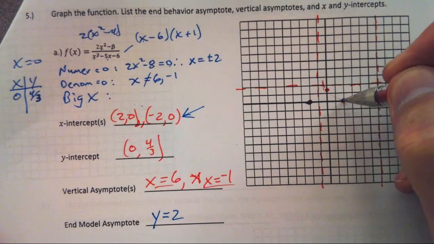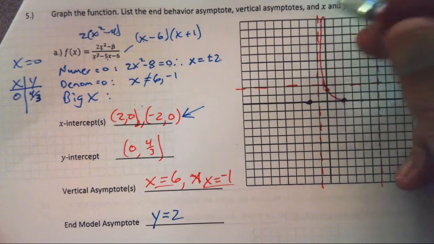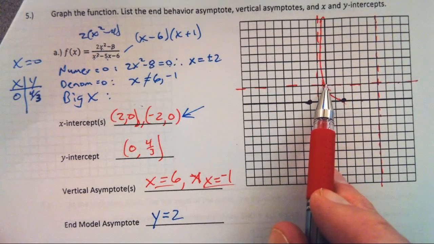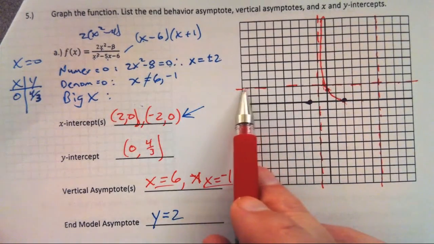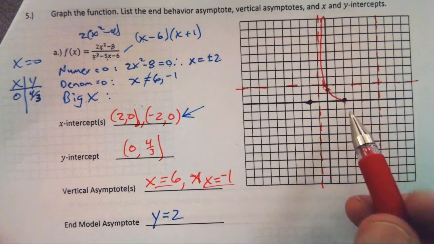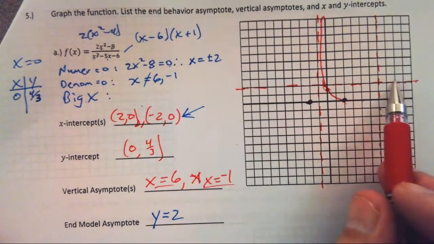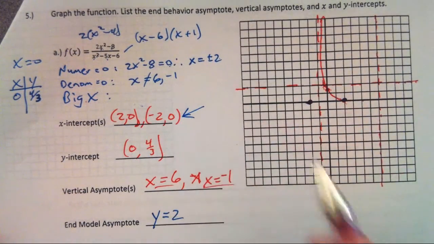You say, well, how can I go through that asymptote? Don't I get sucked into asymptotes? Well, that asymptote exists when x is big. Remember, we got that from the big X test. X is not big around 0. So ultimately we would get pulled into this asymptote out to the extreme right and extreme left.